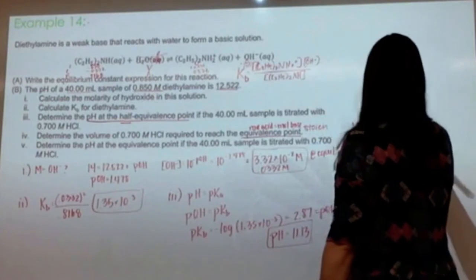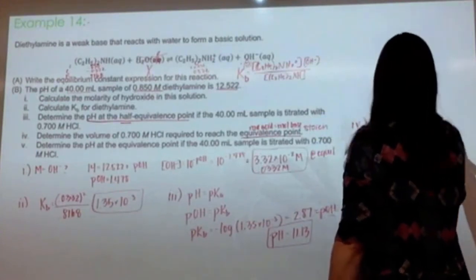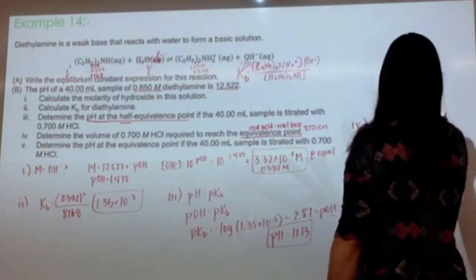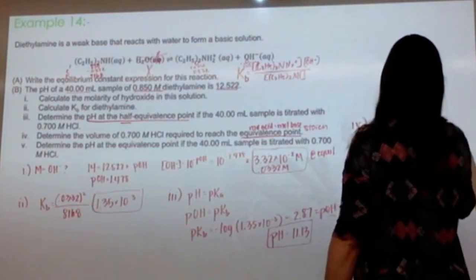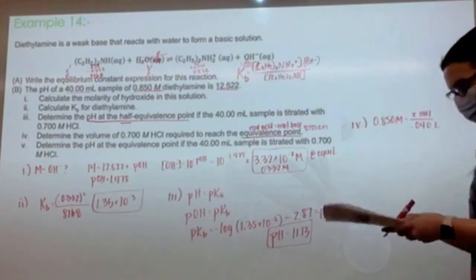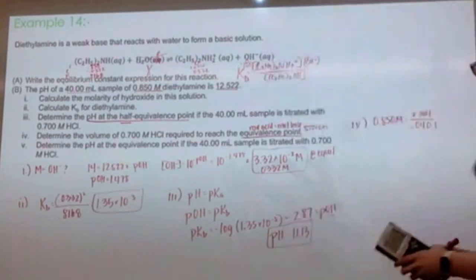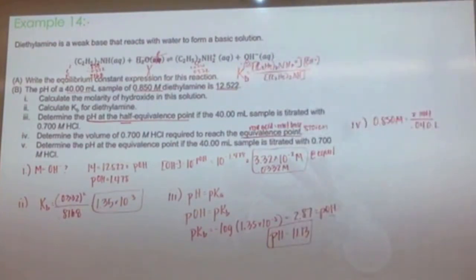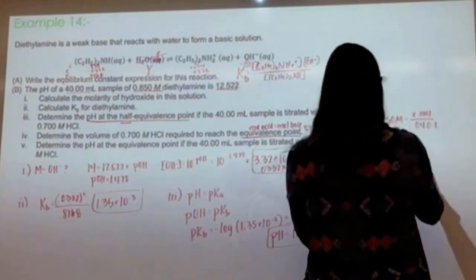I'm going to say 0.850 molar equals X moles over 0.04 liters. Right now I'm solving for moles of diethylamine.